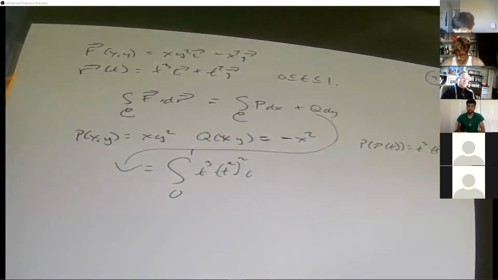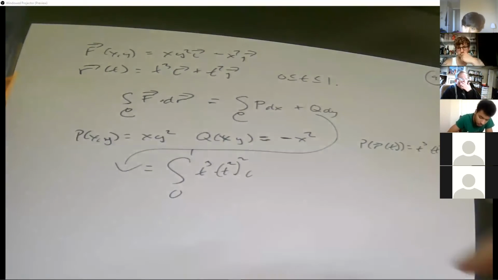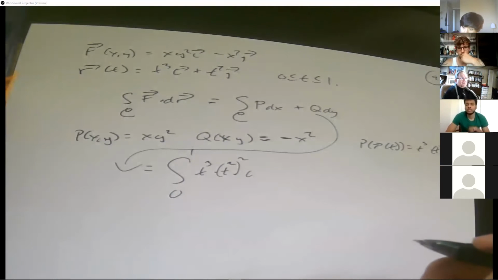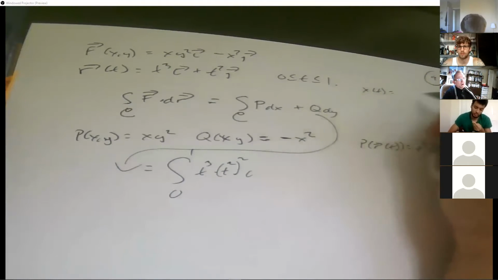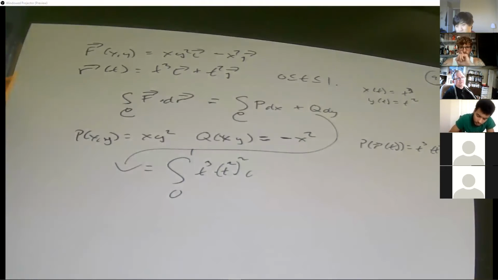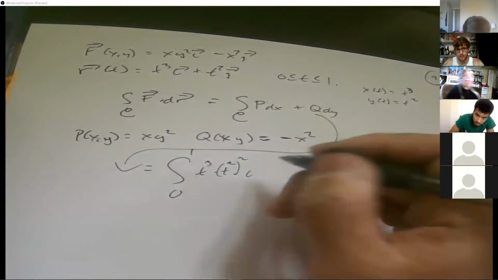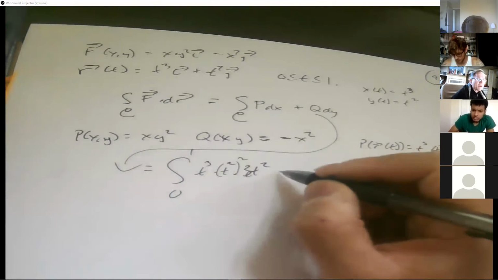Then dx, what is dx? x prime, what is x prime? 3t squared. 3t squared dt.